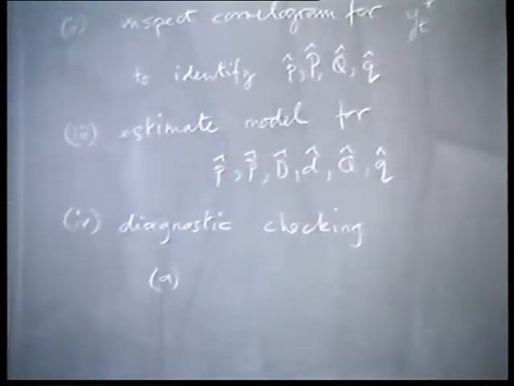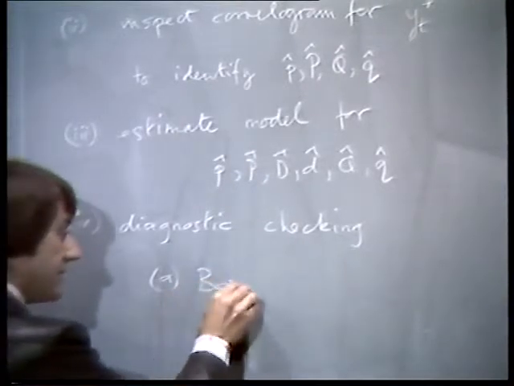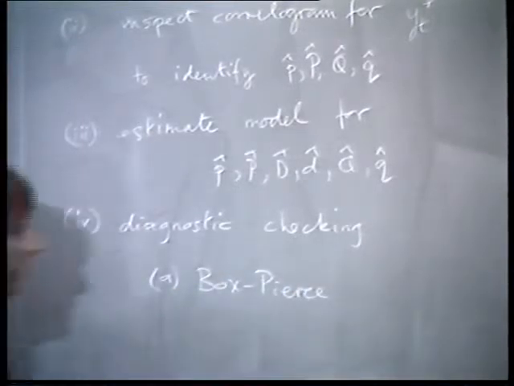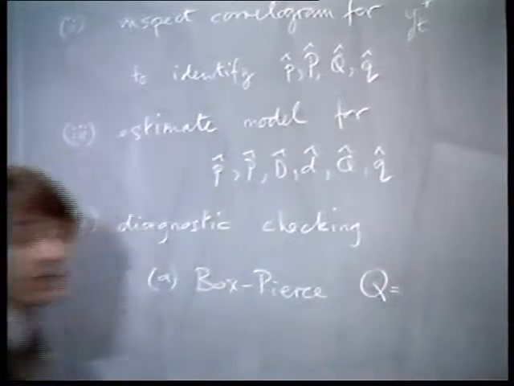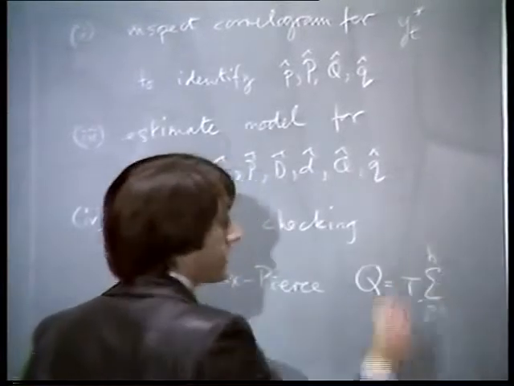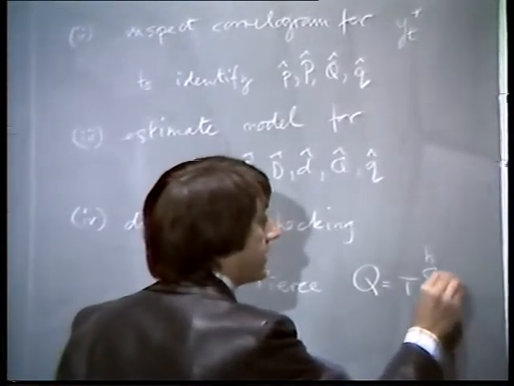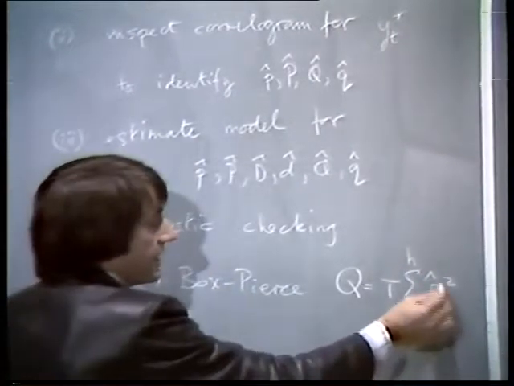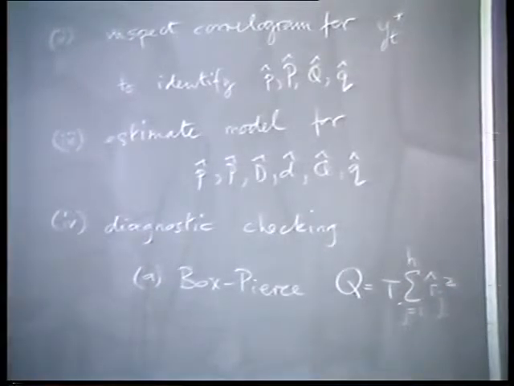First one, which in this particular context is usually one particular test statistic, namely the Box and Pierce Q statistic, which would be T times the sum over j from 1 to H of r j hat squared, where r j hat is the jth serial correlation coefficient of the residuals from the model estimated at stage 3. So that's from the residuals epsilon t hat.